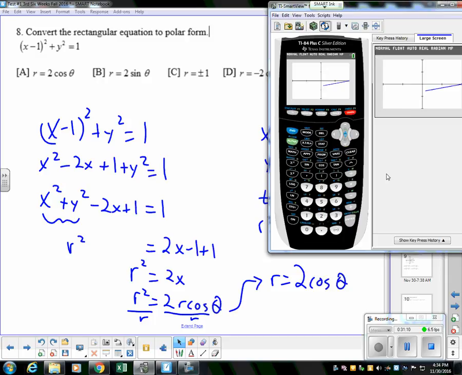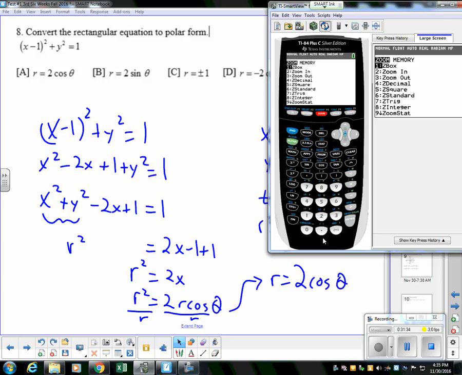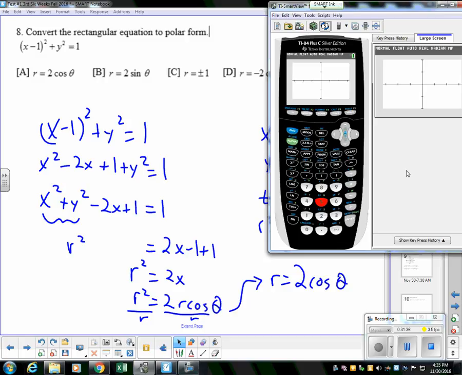If I graph that, well, you get a crazy graph, but what you have is a circle centered at the point (1, 0) with a radius of 1. Now I know this graph looks crazy, and the reason it does is the way I set up my window and my steps.